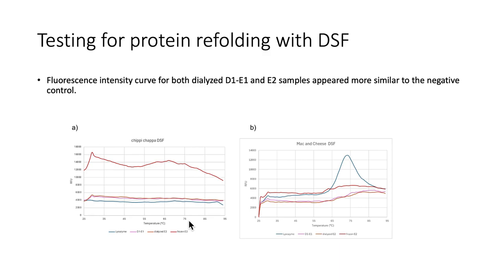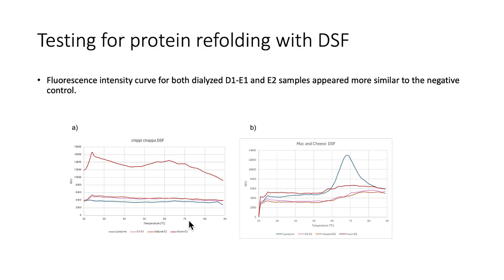We were curious to see if our proteins were successfully refolded via dialysis or not, so we did the DSF analysis afterwards. We used lysozyme for our positive control and our frozen undialyzed E2 sample for our negative control.